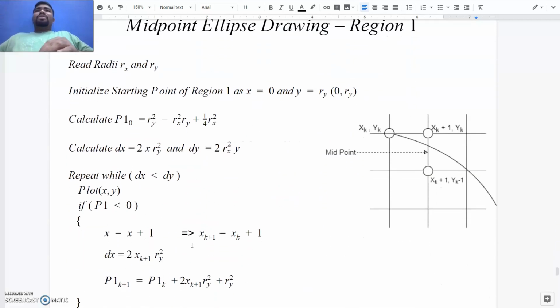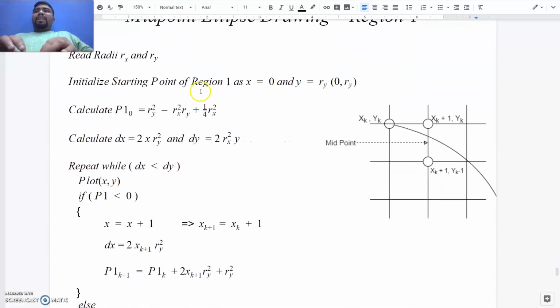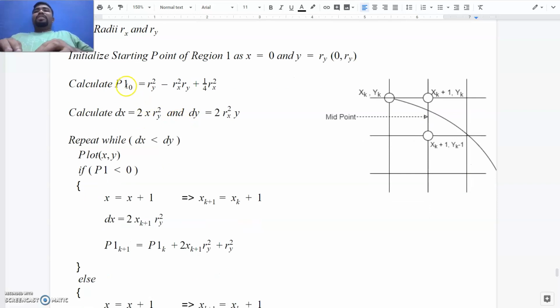So to understand the solution, how do we get started? We have two radii, Rx and Ry, and we have the starting point wherein x is equal to 0 and y equal to Ry. So now we are solving the first region. We calculate P1 of 0. We just replace the values of x and y inside this equation, and that's how we get P1 0.